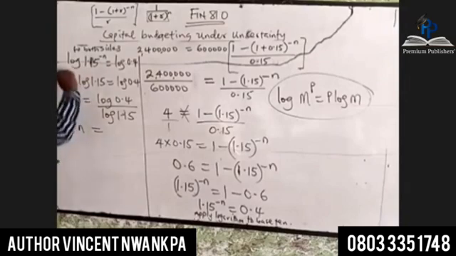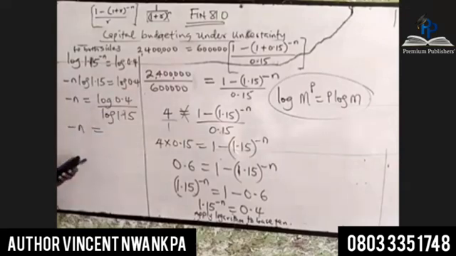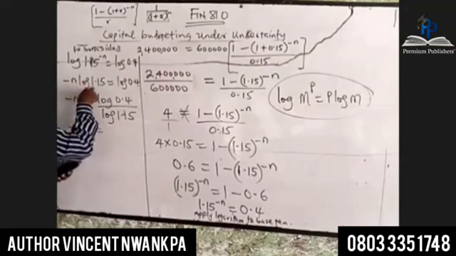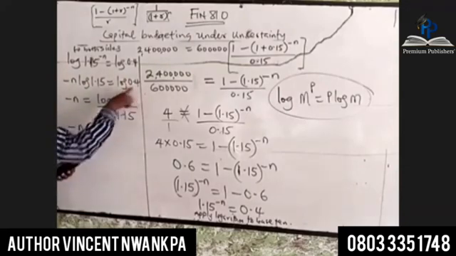The coefficient of this minus n is this. Divide both sides by that coefficient. That coefficient must always be our denominator. So minus n will be this one first, all over that coefficient.